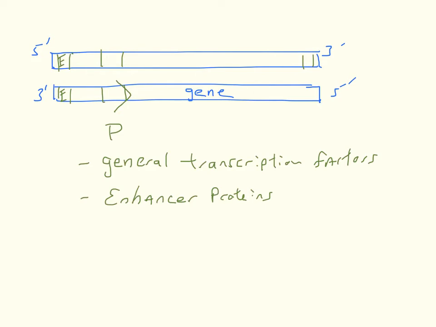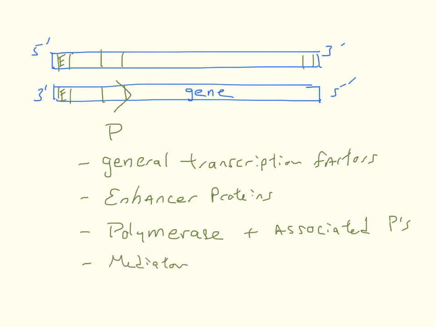And then what happens is we get the polymerase and its associated proteins. Then we get the mediator complex, which occurs after the interaction between the enhancer proteins and the polymerase.